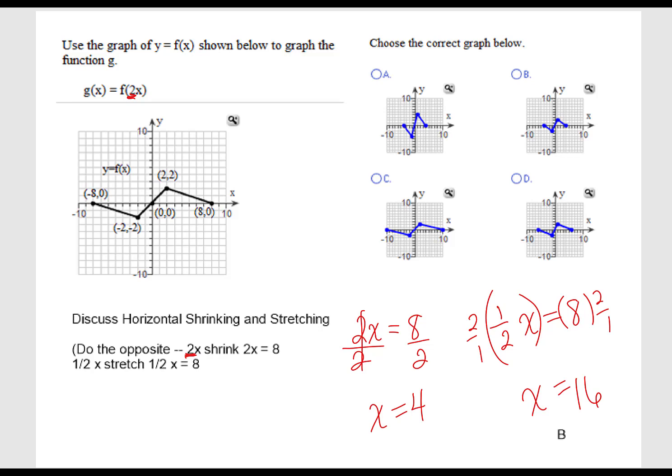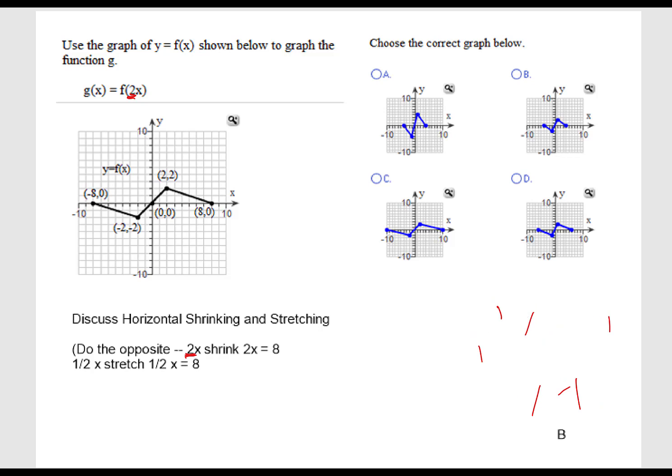So just keeping in mind that we're going to see the opposite. So up here, the only thing that they have is f of 2x. My original function is just y equals f of x, and now they want us to find g of x, which is just f of 2x.